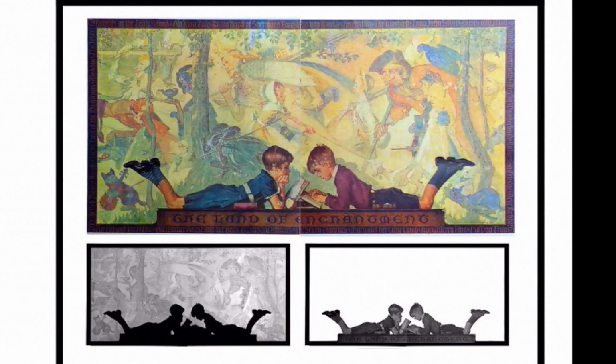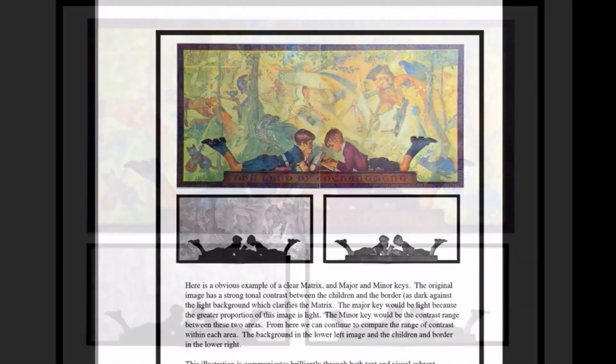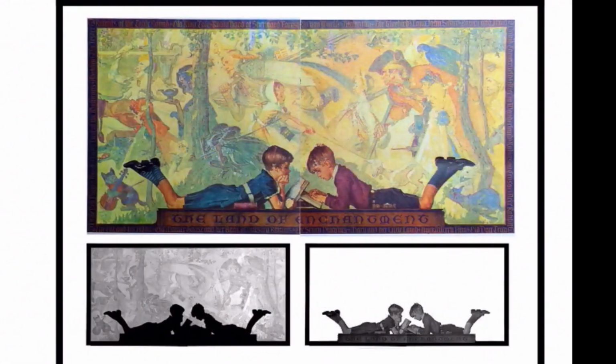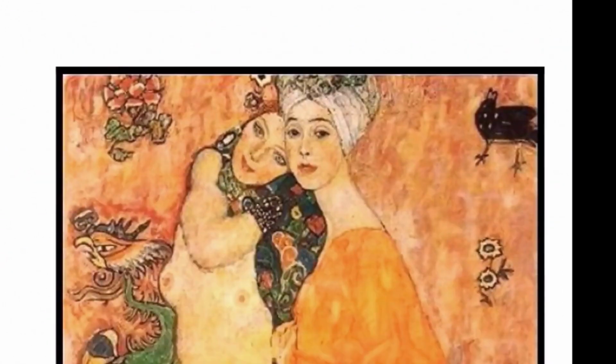So what that means is there's a large gap between the range of values on the characters and the range of values on the background. And that's what I'm talking about, value grouping. That's when we separate by these value groups. So the background here has a limited value group or range of value. Then there's a gap, and then there's our darker values in the front. Separating those is really important.